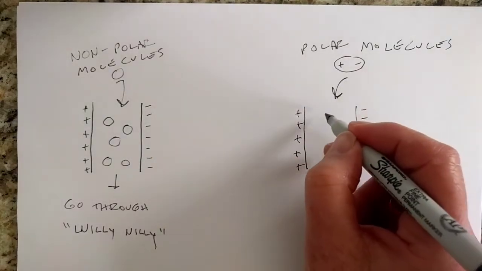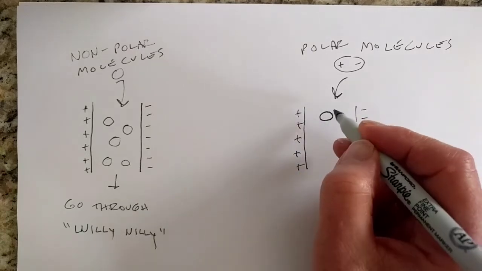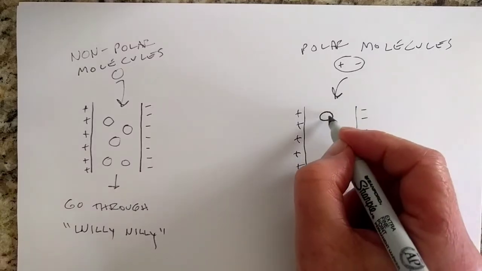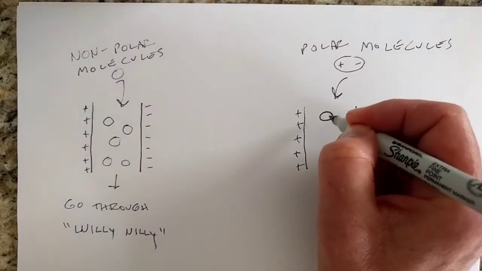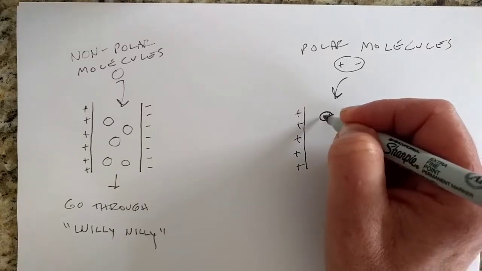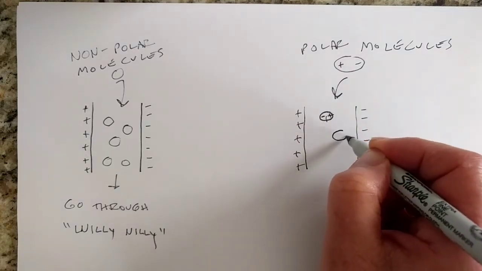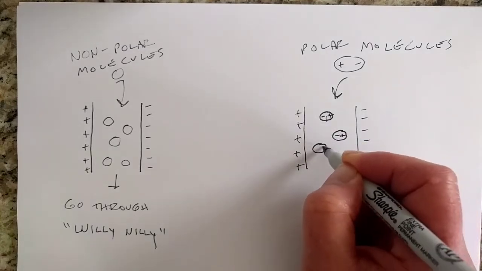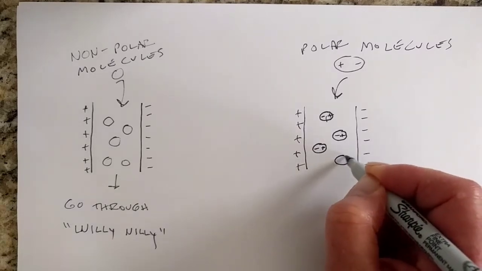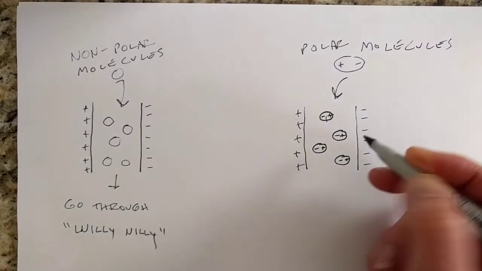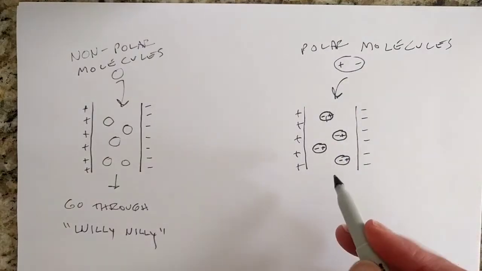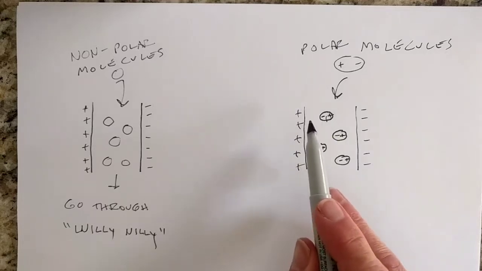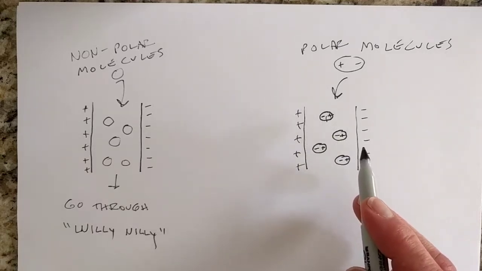And now our molecules are going to orient themselves because the positive part of the molecule is going to be attracted to the negative plate. So the positive part of the molecule will be here, and the negative part will be over there. So all our molecules will have the same orientation in terms of the positive part and the negative part. So they turn themselves around in the field because of the different attractions that the ends of the molecules have for the plates.